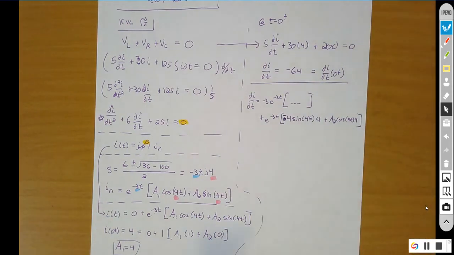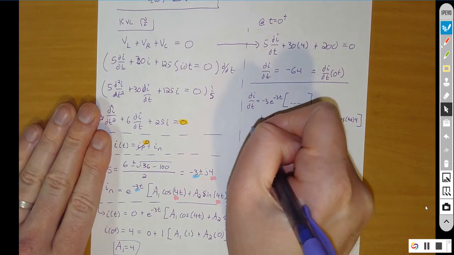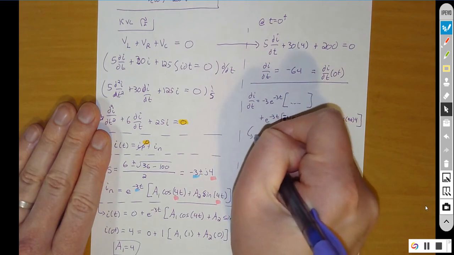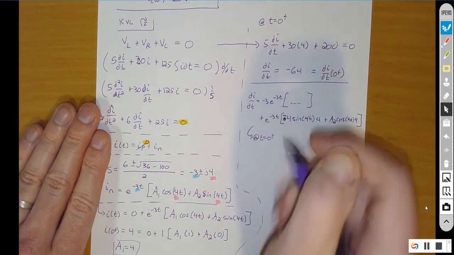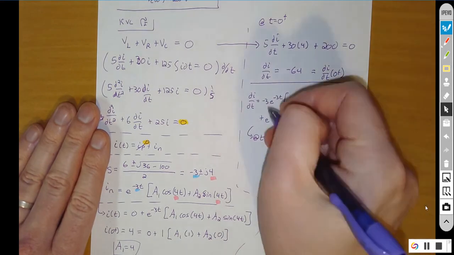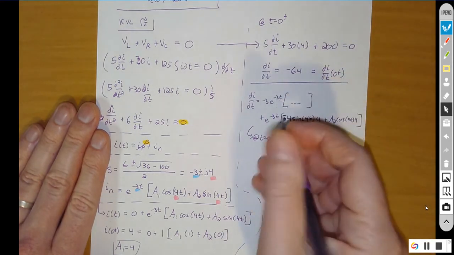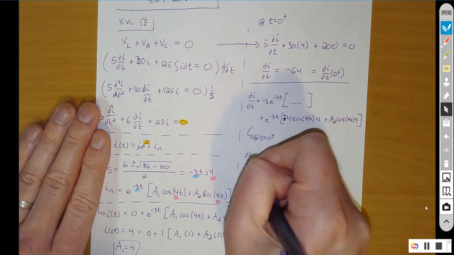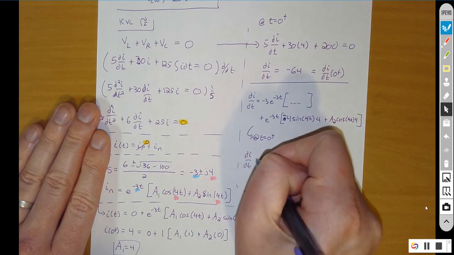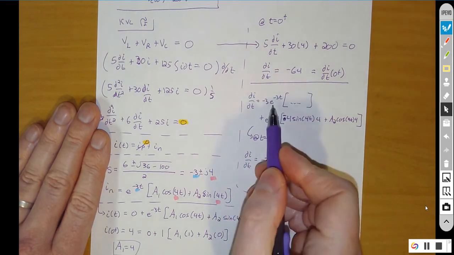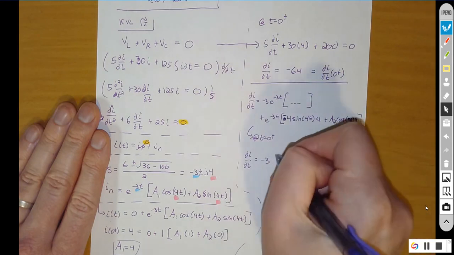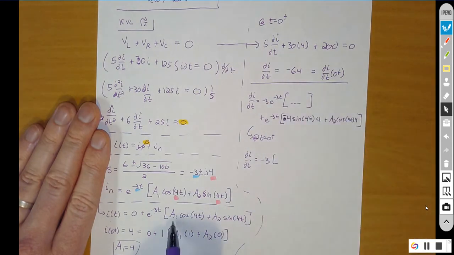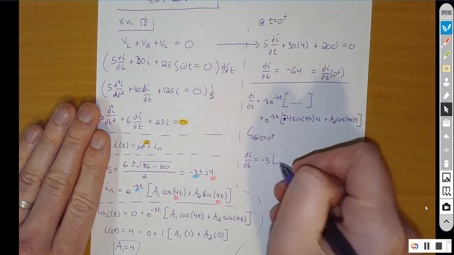The beautiful thing is, we're going to evaluate this entire thing at t equals 0 plus. So a whole bunch of this stuff's going to go away. So up here, we're going to say that di/dt is equal to negative 3, because our e is going to go there. Inside our quantity, we're going to get just a1, which is a 4.